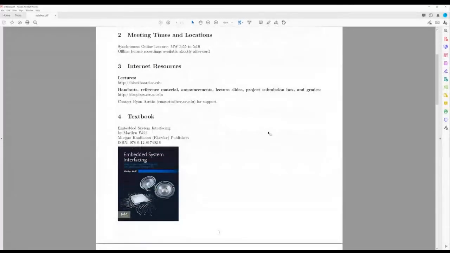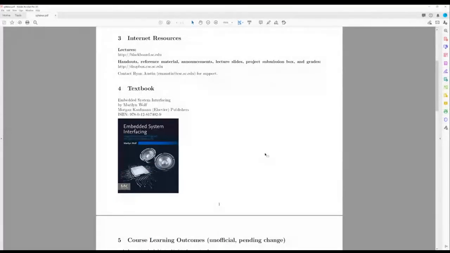The textbook for this class is shown here. There's a picture of the cover shown on the syllabus. It's Embedded System Interfacing by Marilyn Wolf. The textbook, though, doesn't cover all of the topics that we plan to cover in class, so we'll be providing additional materials through Moodle.